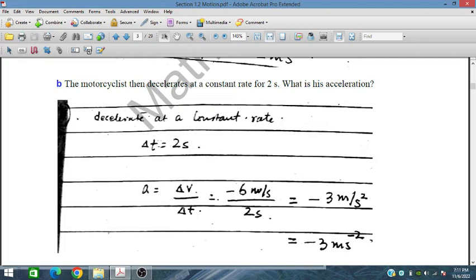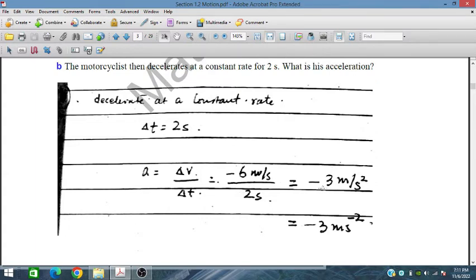The difference is 6 meters per second and the time taken is 2 seconds, so the deceleration is 3 meters per second squared. After 1 second it will reach 3 meters per second, and after the next second it will be 0, at rest. So this is minus 3 meters per second squared. The negative sign indicates that the speed is decreasing.